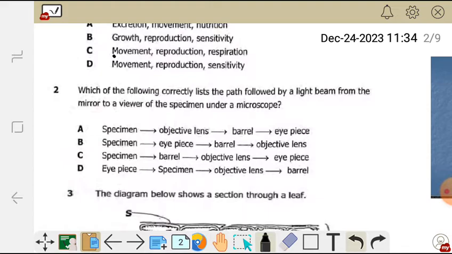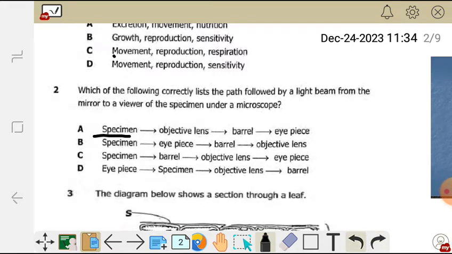Which of the following correctly lists the path followed by a light beam from the mirror to a viewer of the specimen under a microscope?